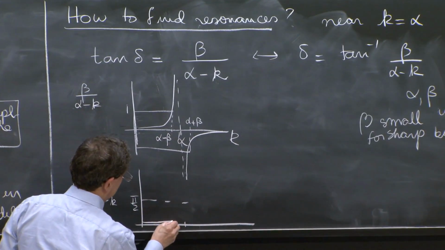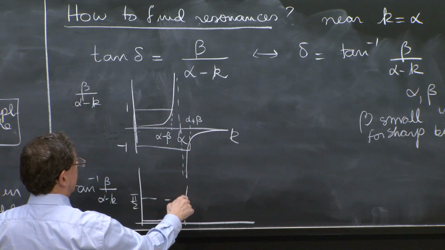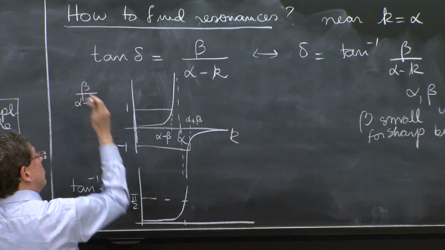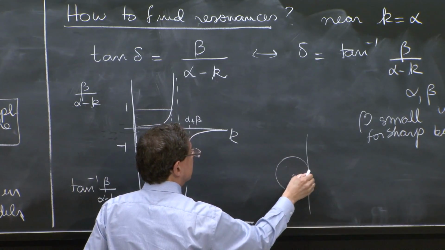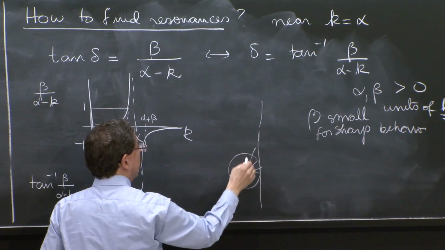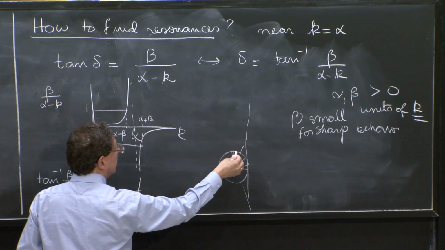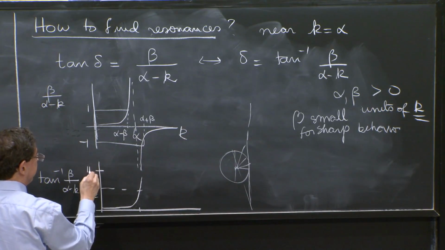So the angle is little, we'll go to pi over 2, and then quickly becomes larger than pi over 2. You're thinking tangents. So the tangent is going up, it's blowing up at pi over 2, then continuously it goes to minus pi over 2, and then continues to go to 0, so it reaches pi.